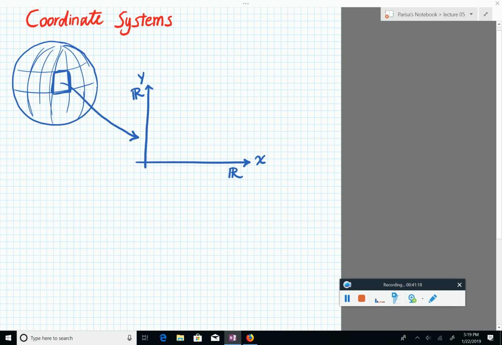Like in the old times, if you bought a map, you got a planar picture of a part of the face of the Earth. And this mapping basically takes any point and brings it to this planar surface. So it is really a mapping, as you can see.